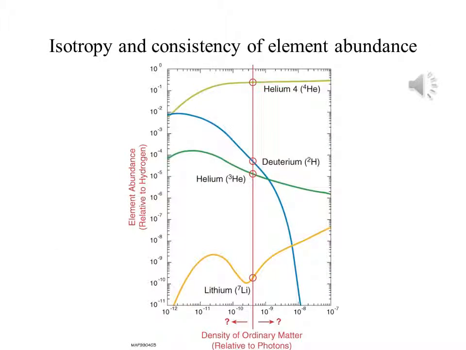The third huge column on which the Big Bang Theory stands is the abundance of elements and isotopes. Everywhere you look at those spectra of stars and galaxies, like the Harvard calculators did, but for galaxies.